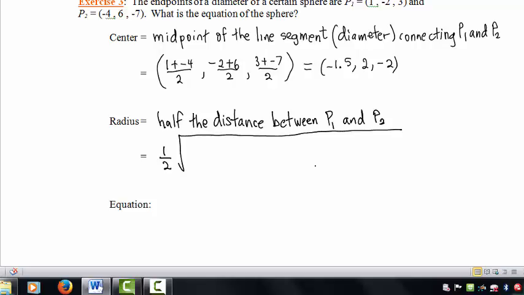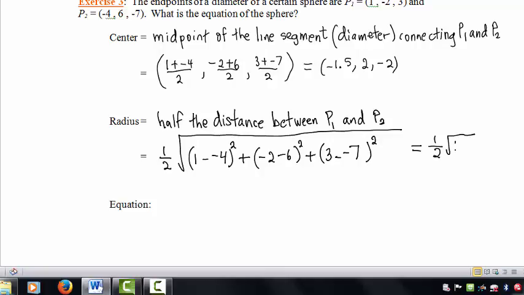Just like the distance formula, which I am sure you are familiar with from 2 dimensions, we subtract the x-coordinates in any order, square, plus subtract the y-coordinates, square, plus subtract the z-coordinates, square, and you get 1/2 square root of 189.